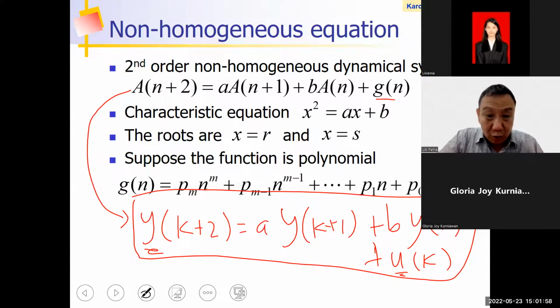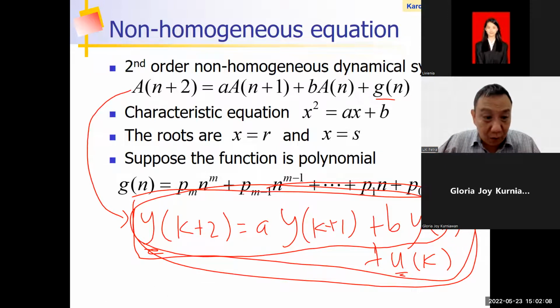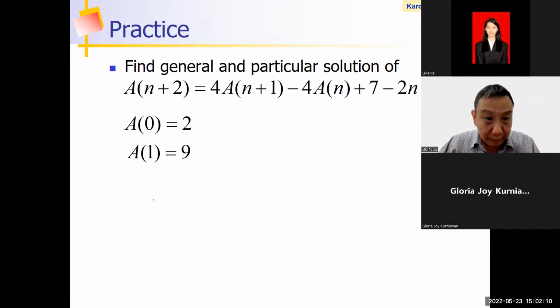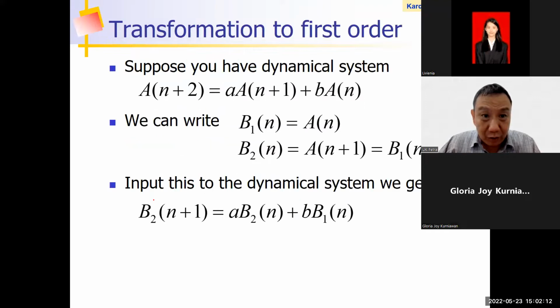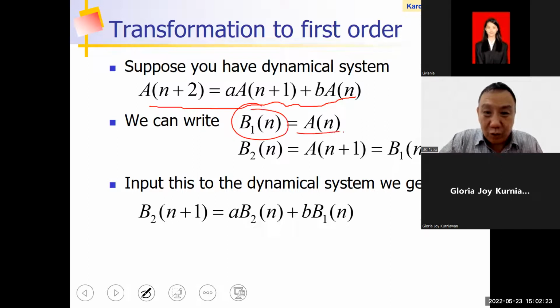So now put this equation here into matrix form. To make it into matrix form, if you look at the last part of this equation, it's the same thing. I have this equation. What I'm doing is I create a new variable b, equal to ban, and then bn equal to an plus 1, which is the same as bn plus 1.